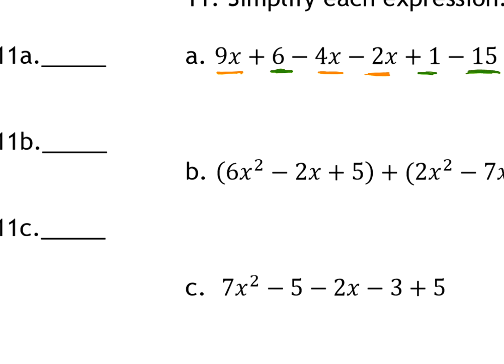If I combine my x's, what I have is 9 of them, minus 4, which is 5, and then minus 2 more, which is 3. So I have 3 x's. And if I look at my integers, 6 plus 1 is 7, and then 7 minus 15 is negative 8. So my answer is 3x minus 8.